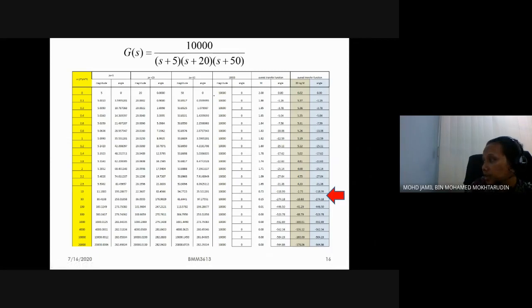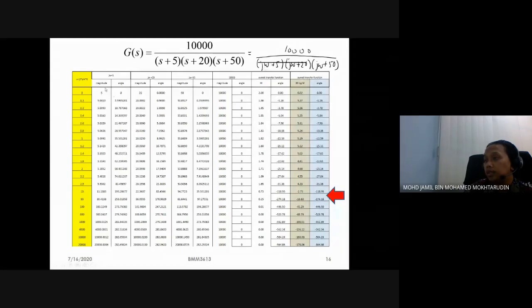So first step, convert all s equals j omega.